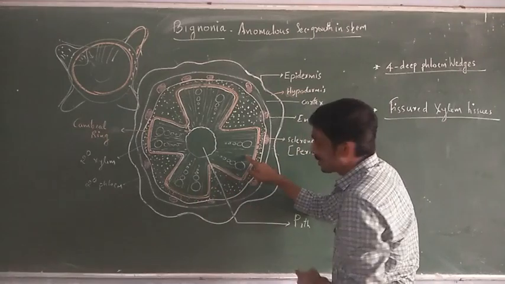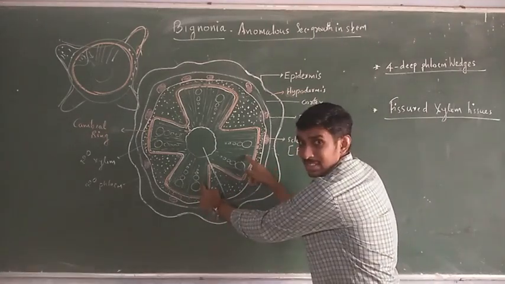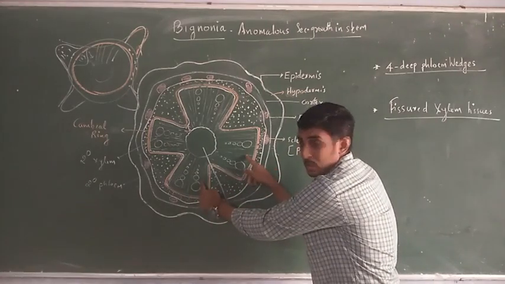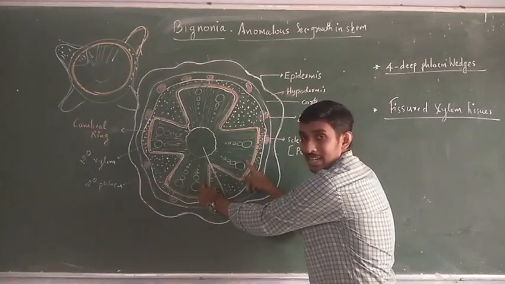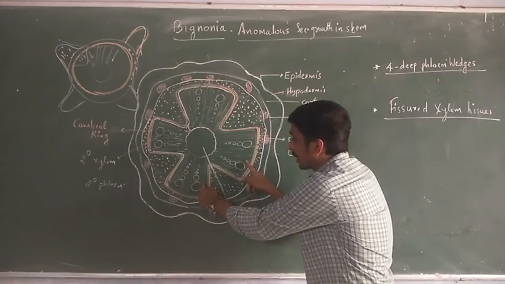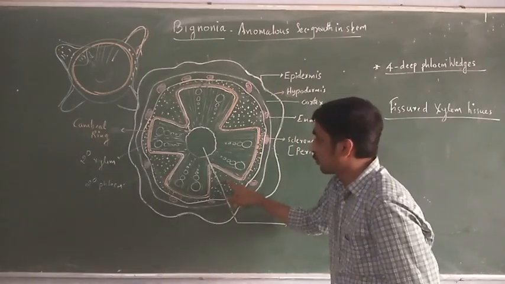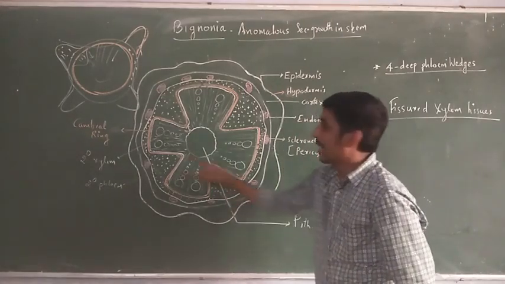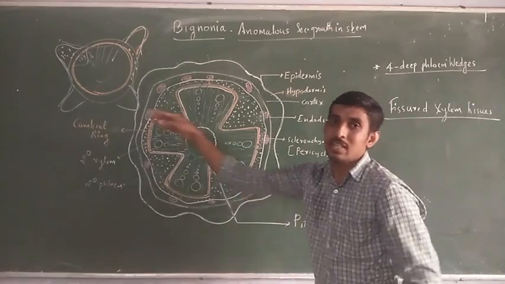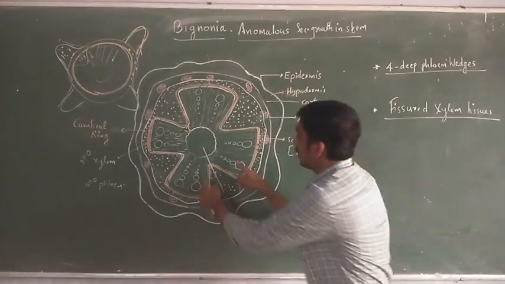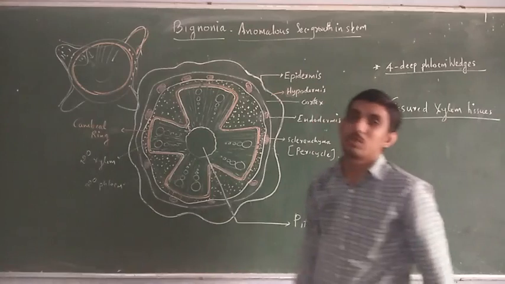You can see this is the secondary xylem, and this is also the secondary xylem. In between these two secondary xylem masses, the secondary phloem gets inserted. So the 4 phloem wedges are inserted or penetrated into the secondary xylem tissues.